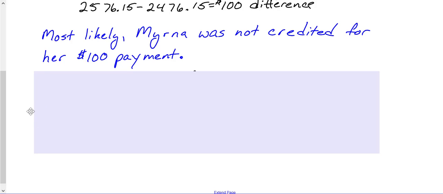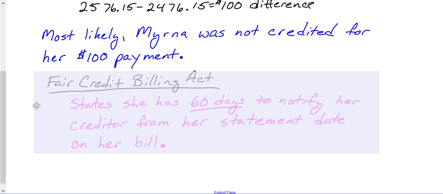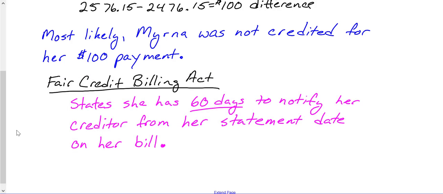Another consumer law that you should be aware of is called the Fair Credit Billing Act. And in this act, you have 60 days to notify your creditor from the statement date on your bill if you discover any errors.